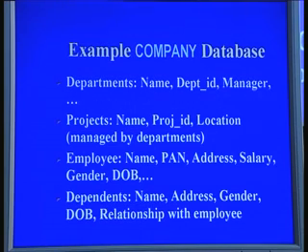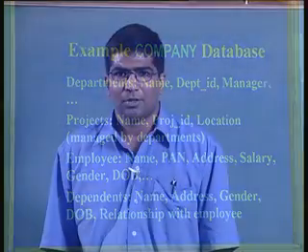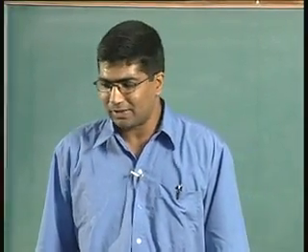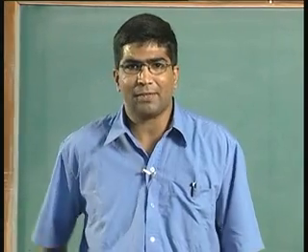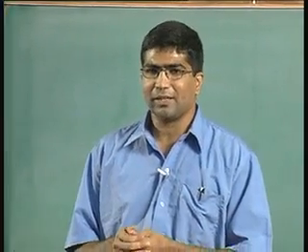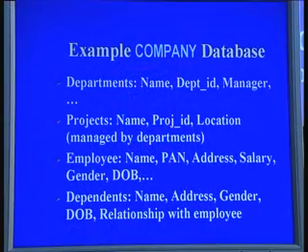So here is a small example. An example company database, okay. So suppose we look at a company, what are some of the first things that we can identify? Some of the first things we identify are, company of course has employees, we can see them, okay. Then company has departments, each employee works in different departments and so on.